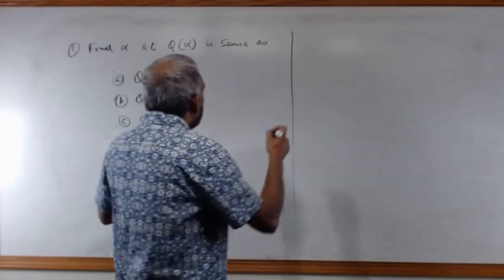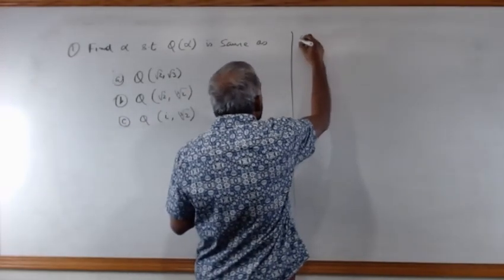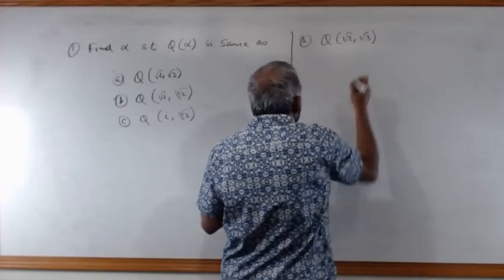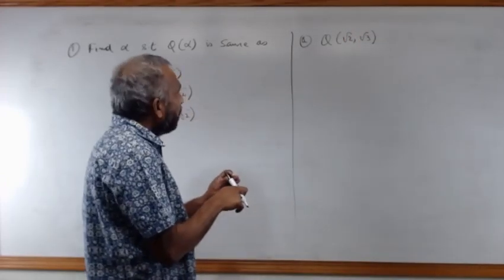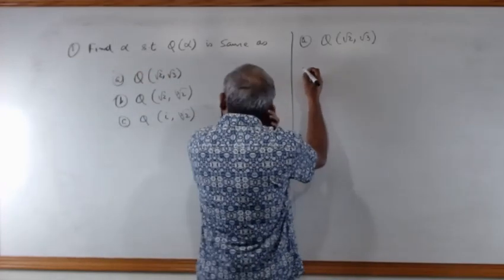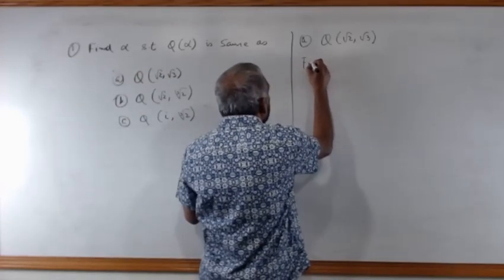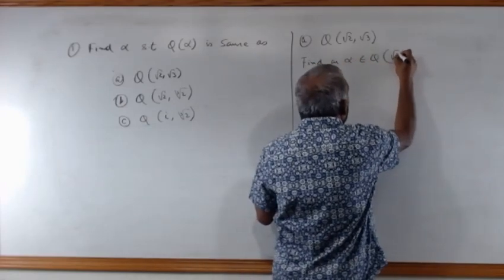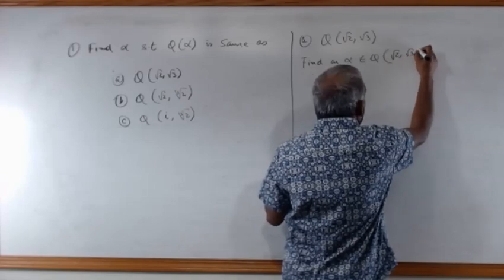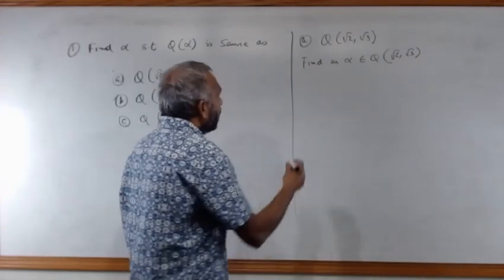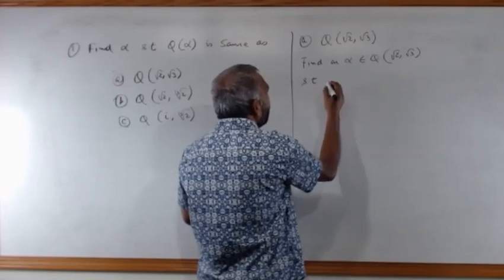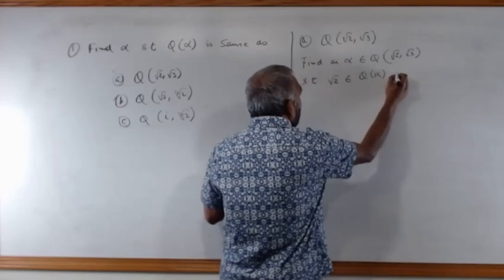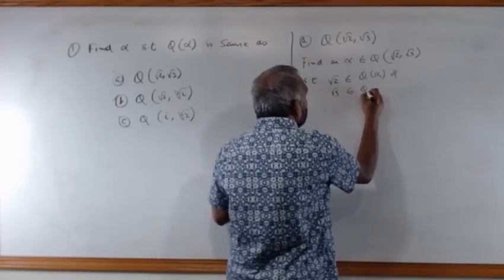So let us start with this first one. Our aim is to find an α in Q(√2, √3) such that √2 belongs to Q(α) and √3 also belongs to Q(α).